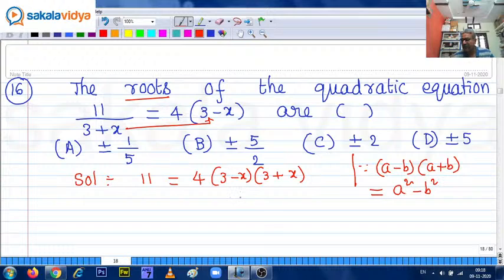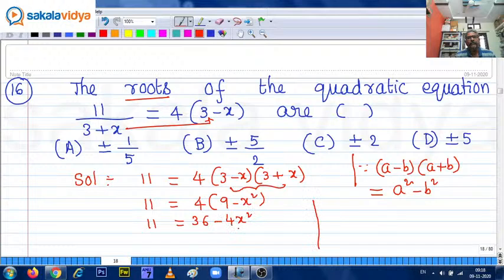So 11 equals 4 times 3 square, which is 9, minus x square.